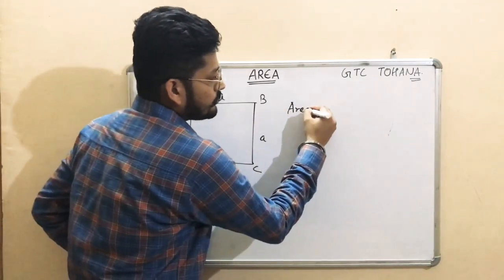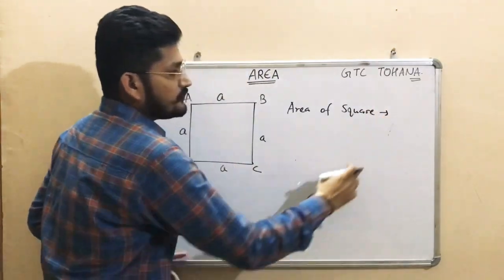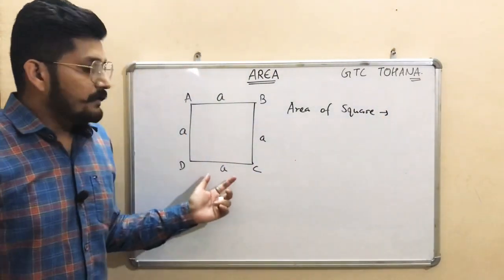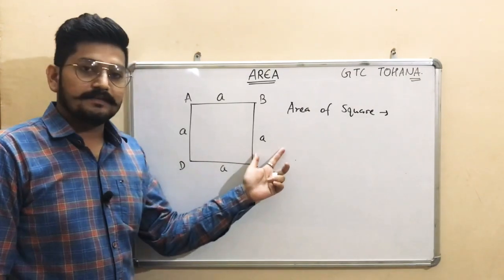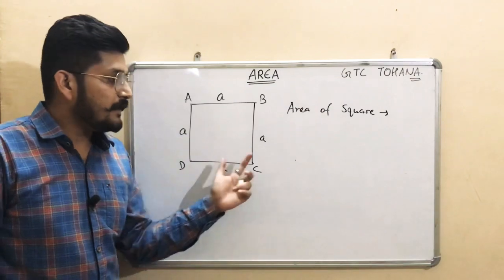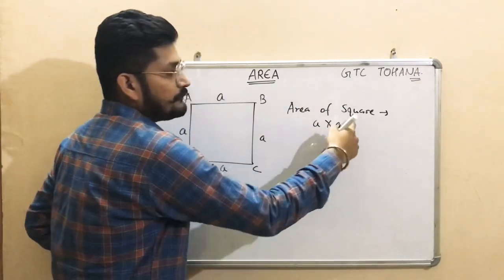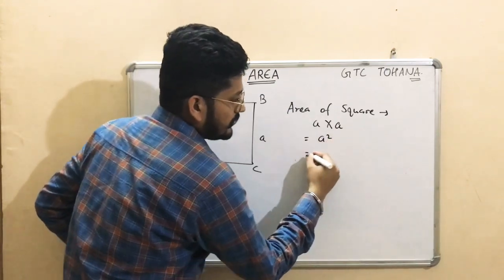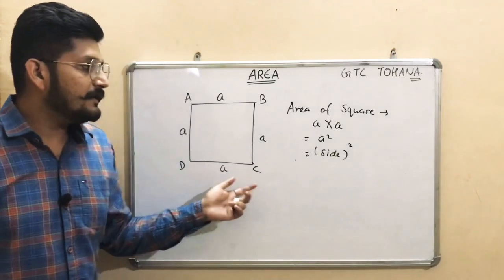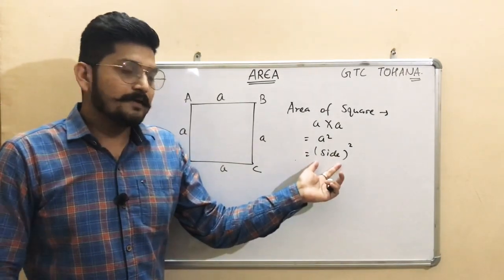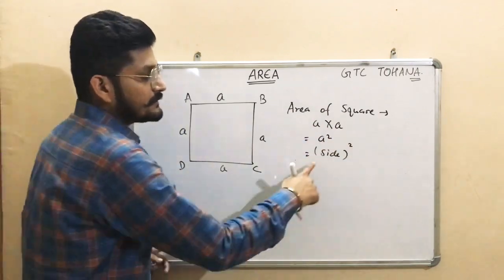Now area of square is simply, as in rectangle we multiply length into breadth, similar we multiply a into a. If we multiply a into a, we get the area of square, that is equal to a square, that is equal to side whole square. If we multiply side by side, multiply side 2 times, then we get area of square. Area of square is side square.